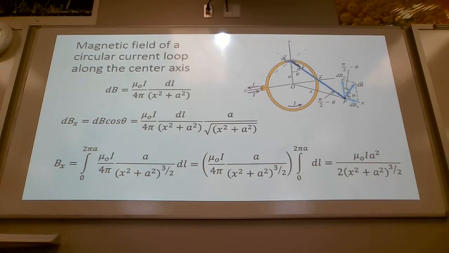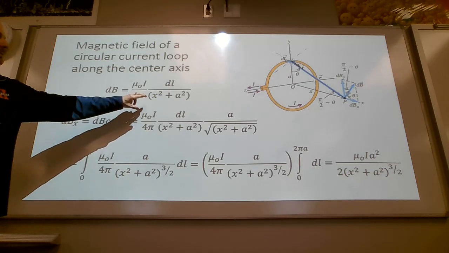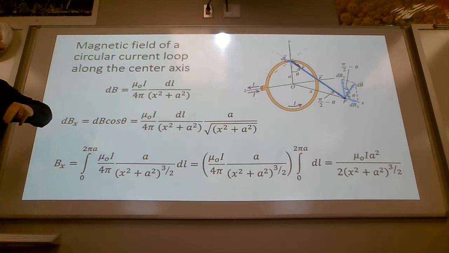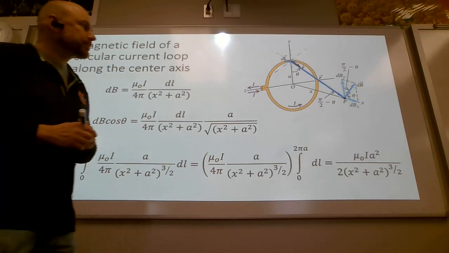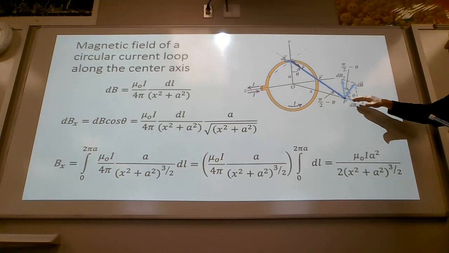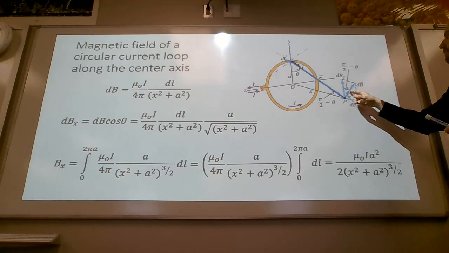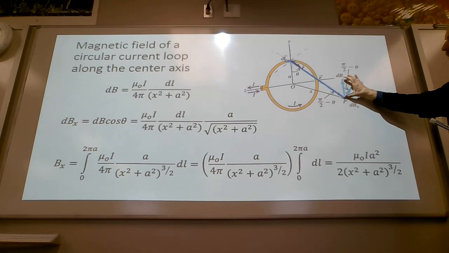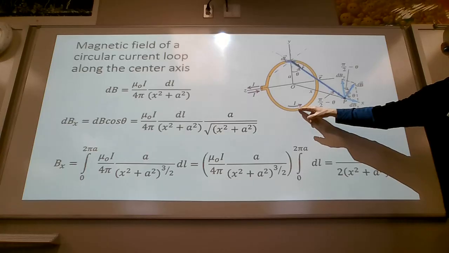So this is going to give me this magnetic field. This part of the magnetic field is going to get canceled out from a current down here.